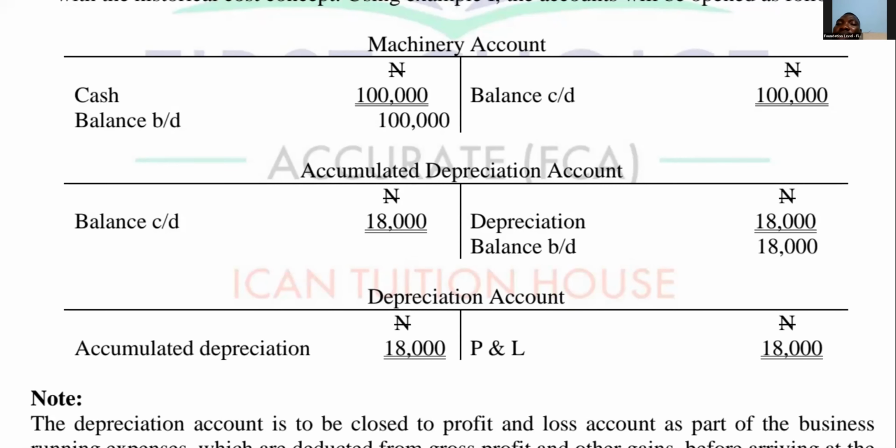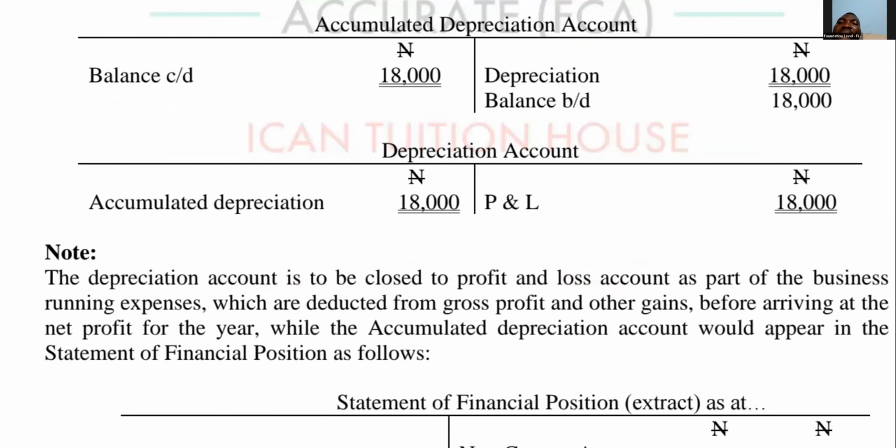Note, the depreciation account is to be closed to profit or loss account as part of the business running expenses, which are deducted from the gross profit and other gains. We're going to get to that when it comes to IAS 1, which will be our next class.